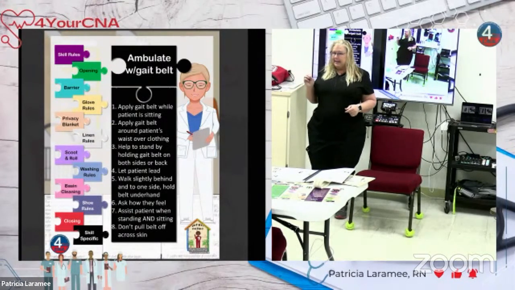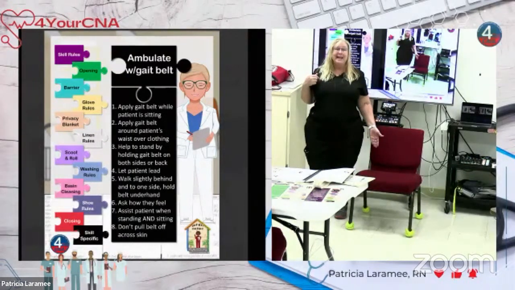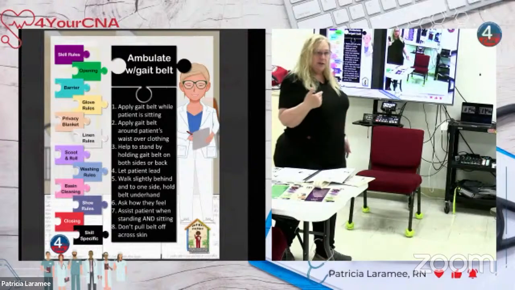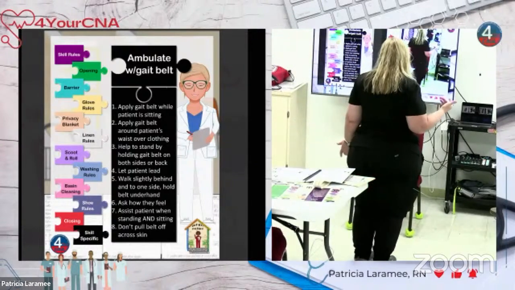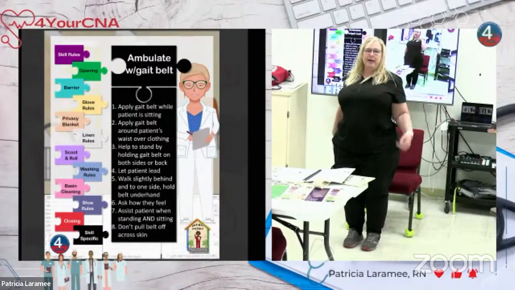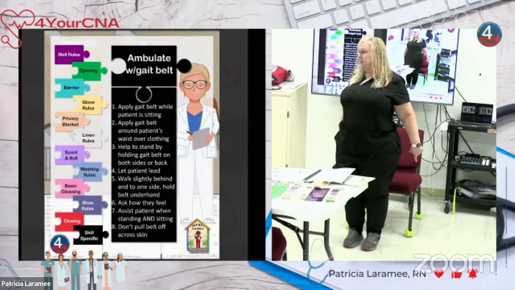The difference is that when we're going to help somebody sit, they need to know the chair is there. So if you walk me to this chair and you have me turn around and then you're going to help me sit, what's going to happen when I sit? Why? Yeah, chair's not behind me.